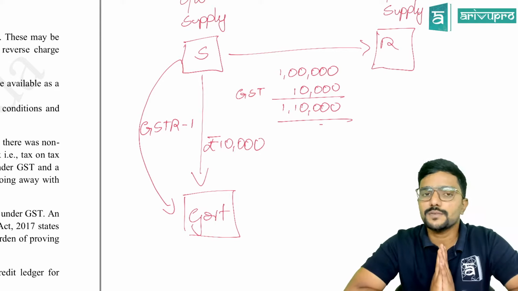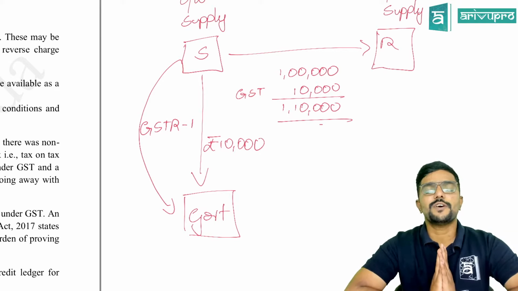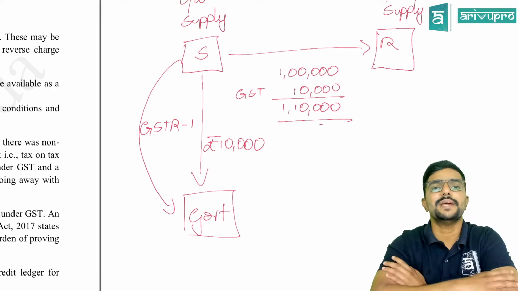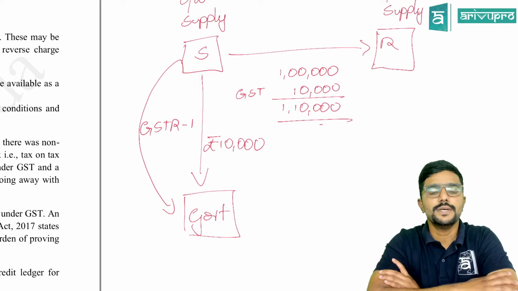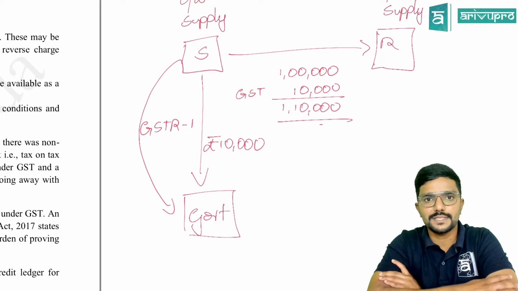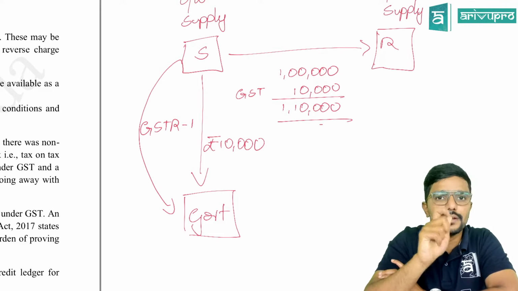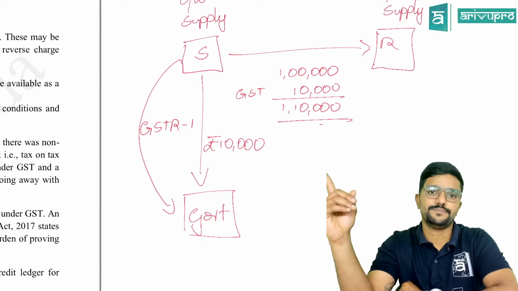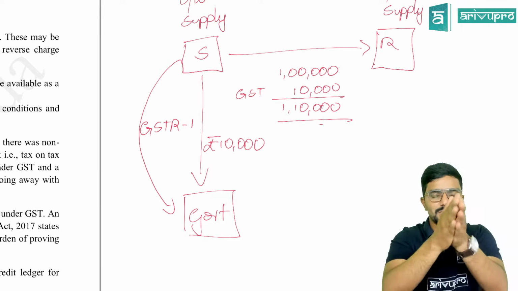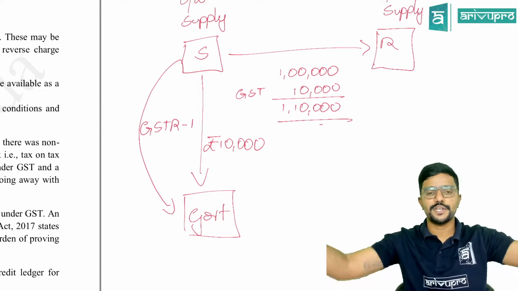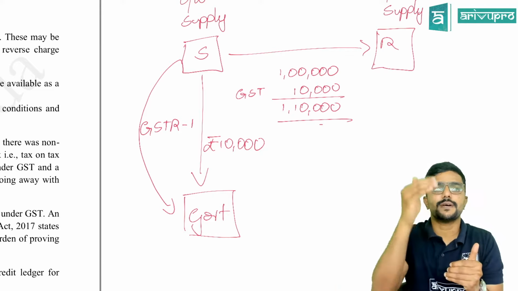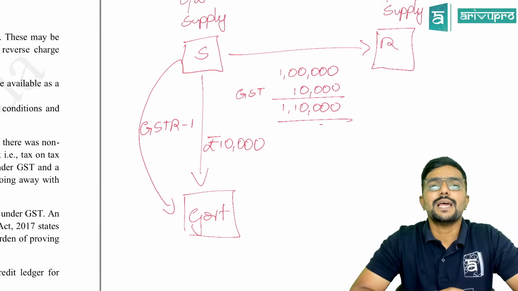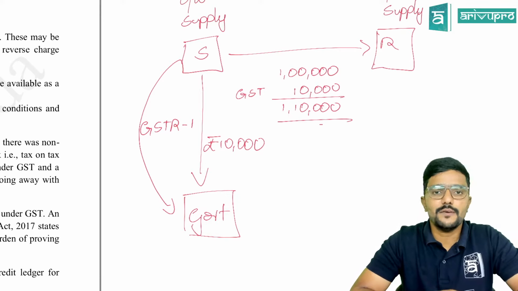Now, supplier every month. For example, whatever outward supplies he has made during the month of June, from 1st June to 30th June, he has to give the details of those supplies in GSTR 1 to the department within 11th of July, that is, 11th of the next month.